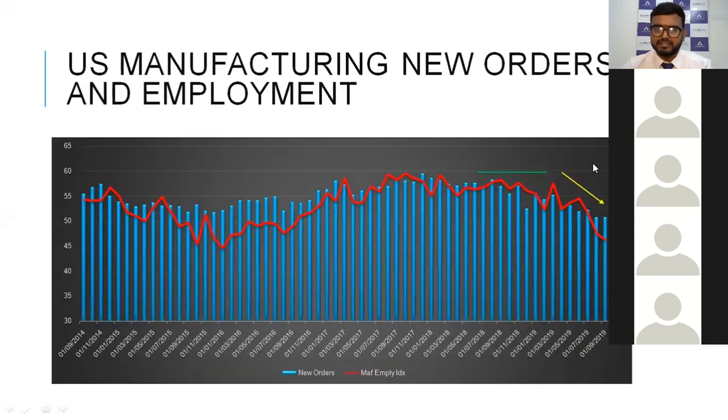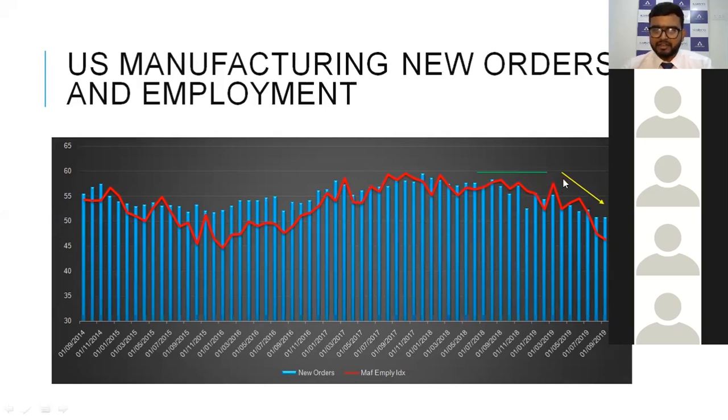You can see in this chart that the red line shows the manufacturing employment index, meaning how many people are being employed in the manufacturing industry in the US. And the blue bars indicate the new orders to manufacturing companies.